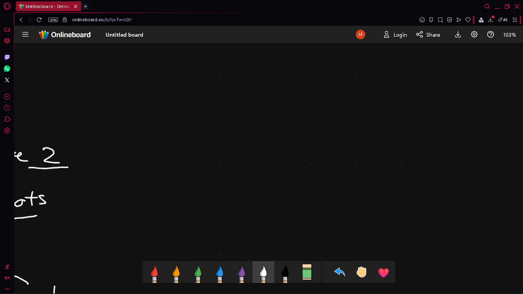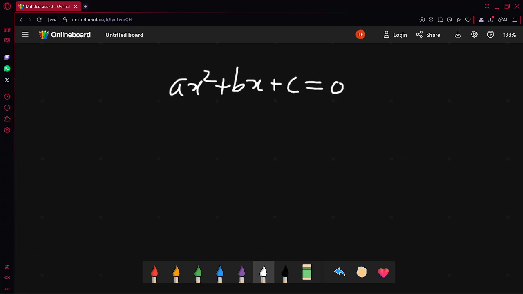So let's say we try solving for the roots of this polynomial, ax squared plus bx plus c equals 0. Let's divide both sides by a.